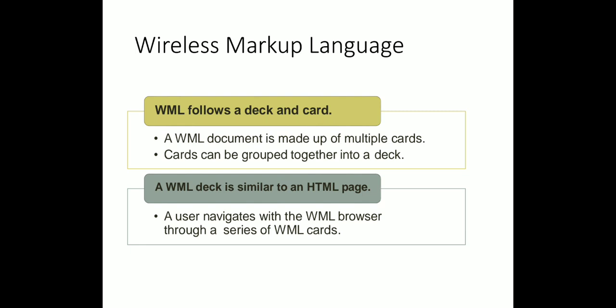When a WML page is accessed from a mobile phone, all the cards in the page are downloaded from the WAP server to the mobile phone so that the content can be shown. Again I will repeat, when a WML page is accessed from a mobile phone, all the cards in the page are downloaded from the WAP server to the mobile phone so that the contents can be shown.